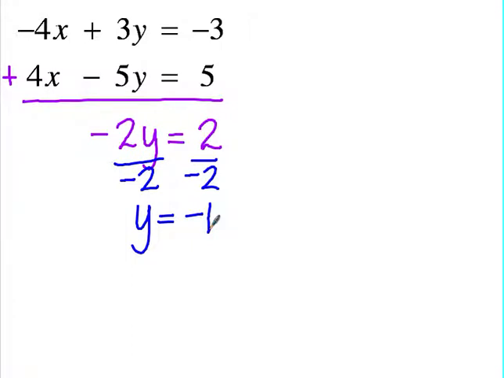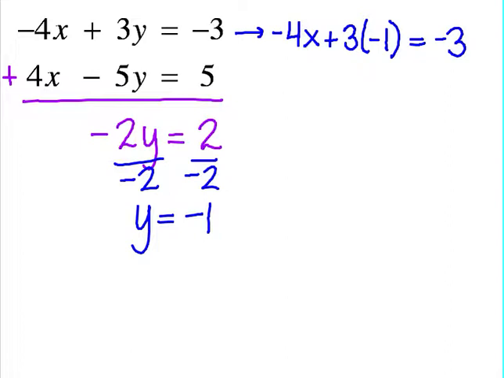Now it doesn't matter what equation we sub in. We could sub it into the top equation or the bottom equation. But in place of y, I'm going to put negative 1. So really I get negative 4x plus negative 3 equals negative 3. What do I do now?